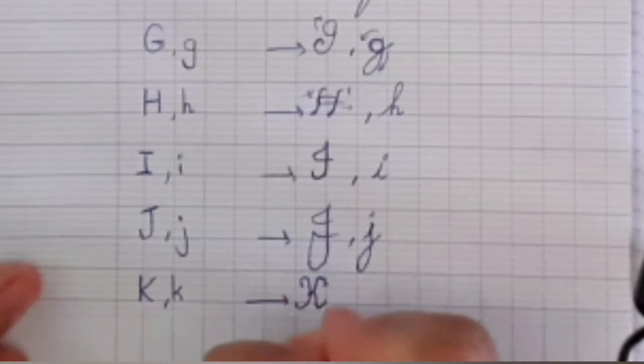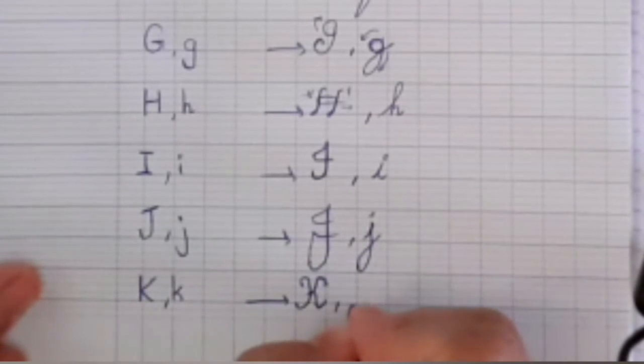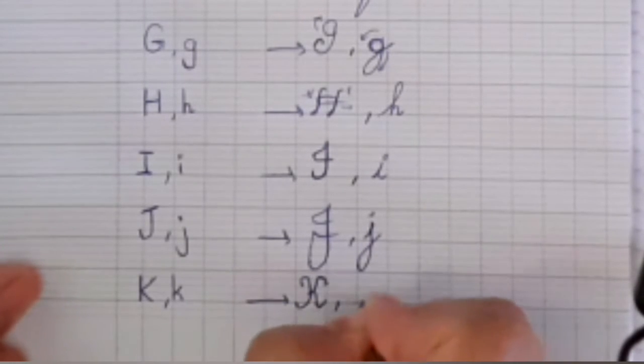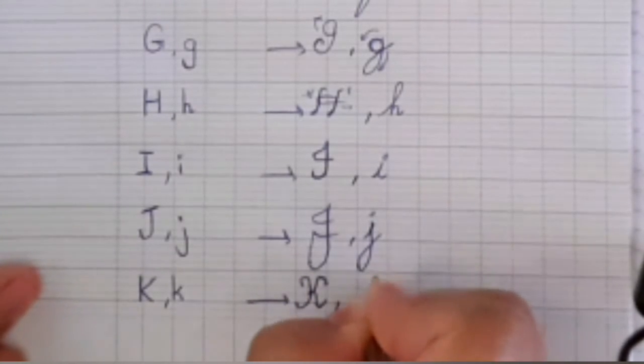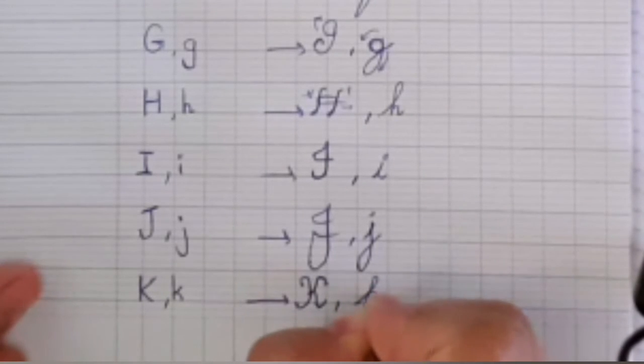so K now in cursive, it looks like an H, but not really the same. Like that, in one step.